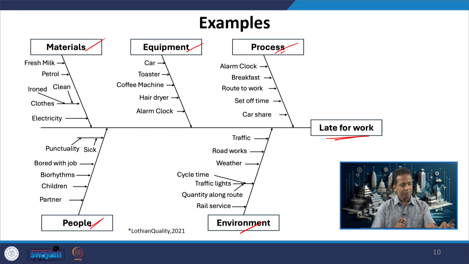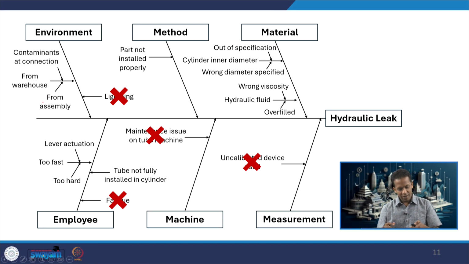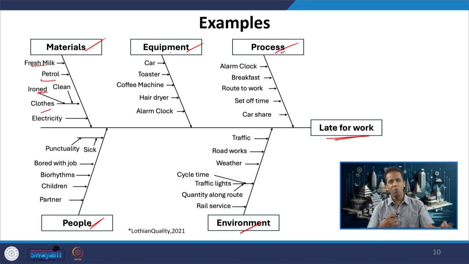So, if you look at the materials, you see fresh milk, petrol, ironed clothes, electricity. Material need not always be something which is consumed, okay, like clothes which we wear, if not ironed, it will take time to iron. Equipment: car, toaster, machine, hair dryer. When I say equipment, it does not include only the equipment used for mode of travel.